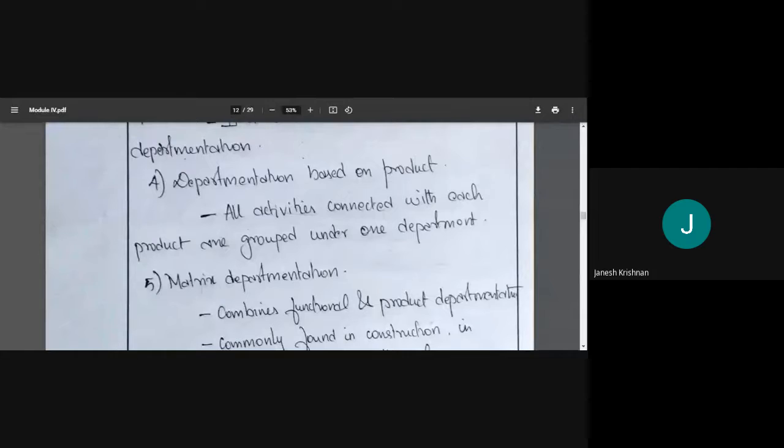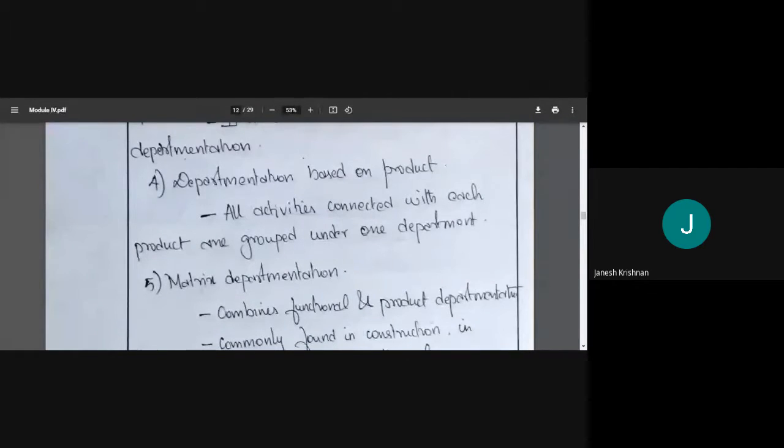Based on the product, two-wheelers will have its production, marketing, finance. Three-wheelers will also have its production, marketing, finance. Four-wheelers as well, and heavy vehicles will be having the same. So based on the product also, there is departmentation, right?